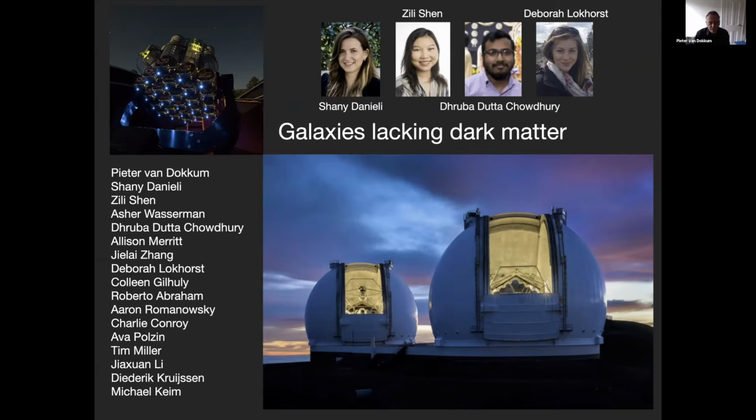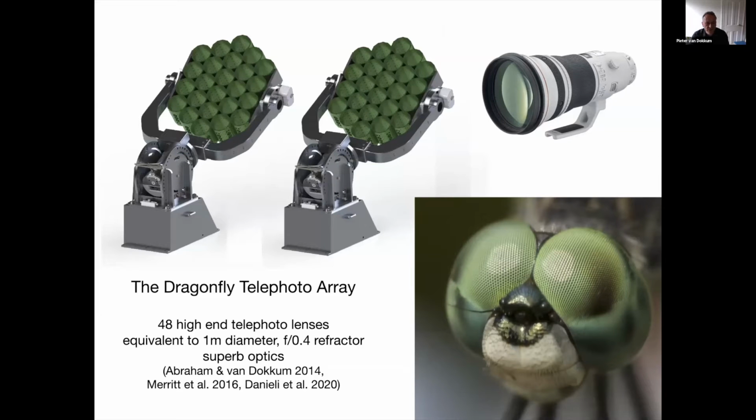The work here was inspired and done partly with this Dragonfly telescope that Diederik alluded to.